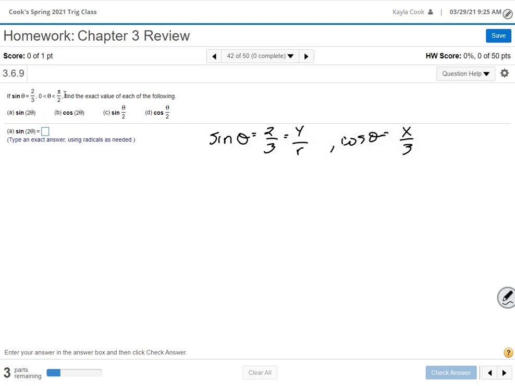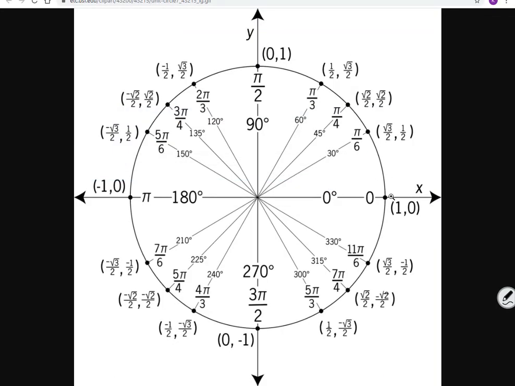Okay, so that's where our quadrant here comes in. If theta is between 0 and pi halves, that means we're in quadrant 1, which means that both x and y are going to be positive. If we were told, say, that we were in the interval between pi halves and pi, then that means we're in quadrant 2, and we would have to make our x value negative, right?